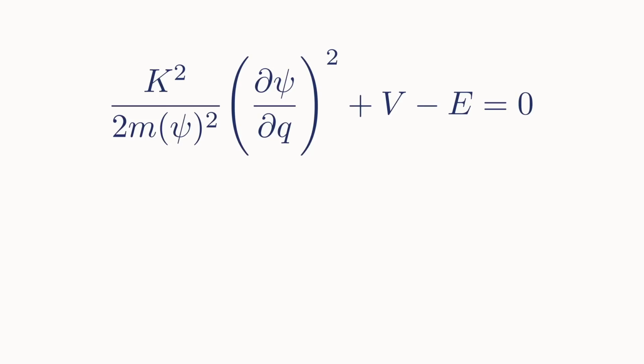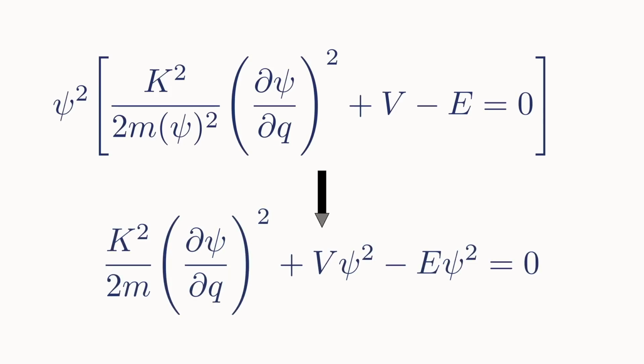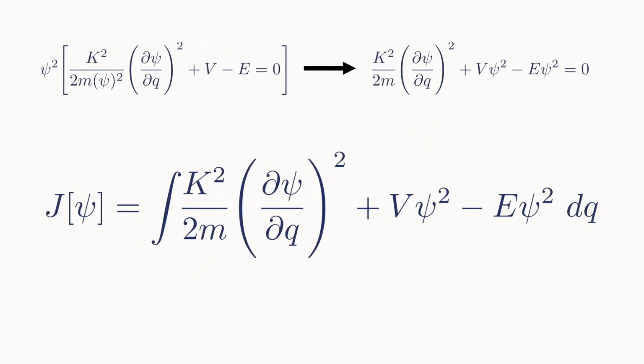So there wouldn't be any new physics to discover. Instead, Schrödinger decides to multiply by psi squared on both sides in order to then create a new variational problem, which he defines by taking the integral of this term over all of space. He labels this quantity J, and it's a functional, which is just a technical term for a mathematical object that takes a function as an input and outputs a number.